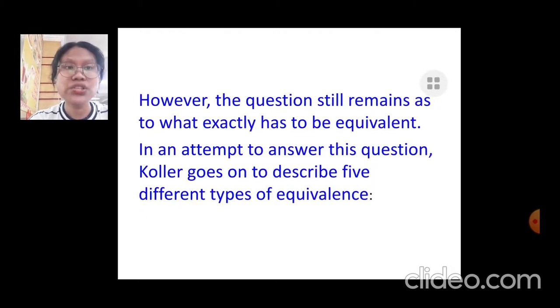However, the question still remains as to what exactly has to be equivalent. In an attempt to answer this question, Koller goes on to describe 5 different types of equivalence, and the 5 different types of equivalence will continue to the next speaker.